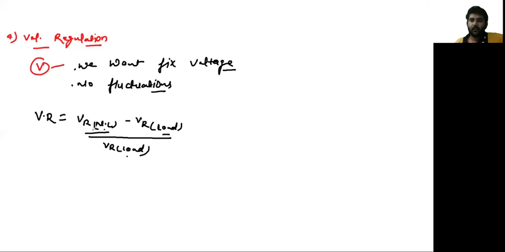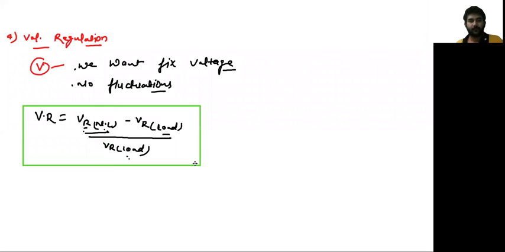This is the general formula, but we are specializing it with VR for the short transmission line, the receiving end voltage. So to calculate the voltage regulation for the short transmission line, we have to find the voltage at the receiving end for no load, the voltage at the receiving end for any load, and divide by the same voltage at any load. This will give you your voltage regulation.